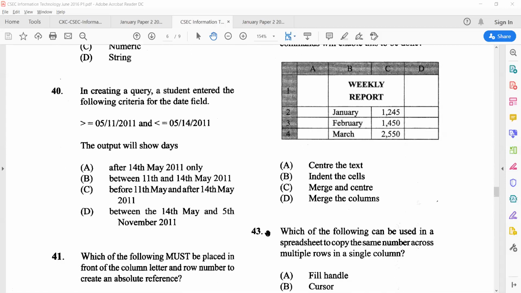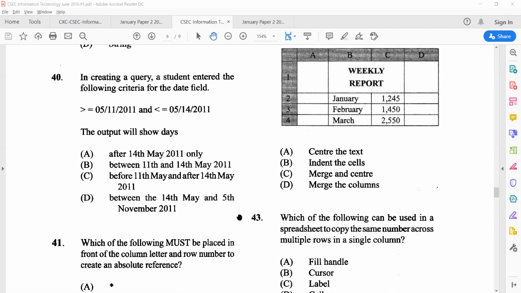All right, number 40. In creating a query, a student enters the following criteria in the date field. Greater than or equal to 5/11/2011, and less than or equal to 5/14/2011.